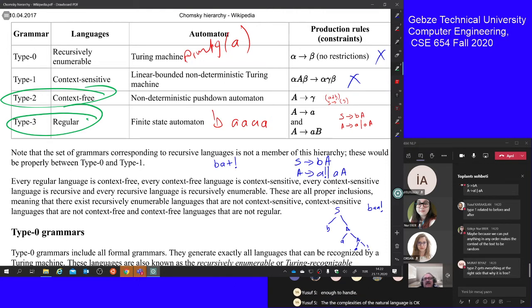We need the context-free languages to be able to express the grammar of a natural language. Even the context-free languages are not going to be sufficient for some cases, but we will find some workarounds.